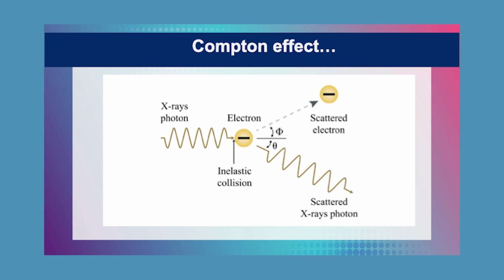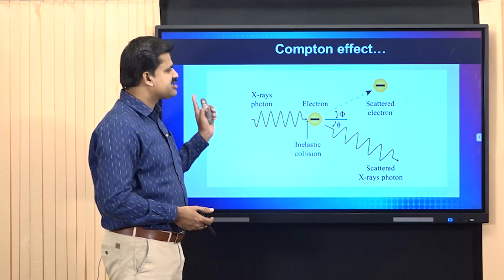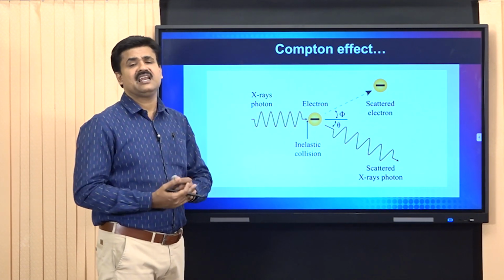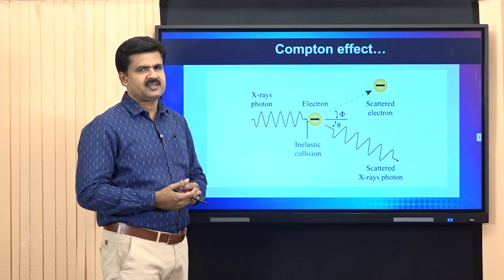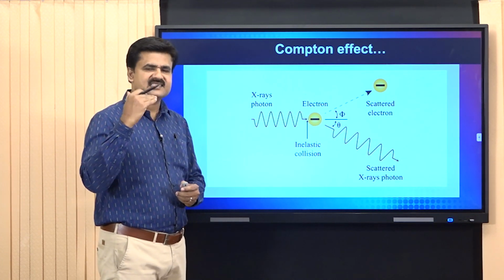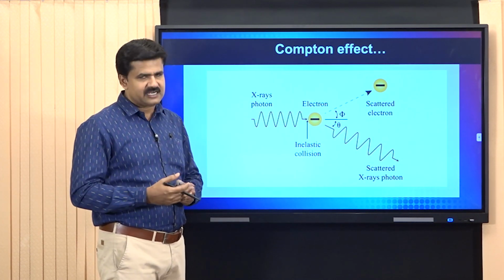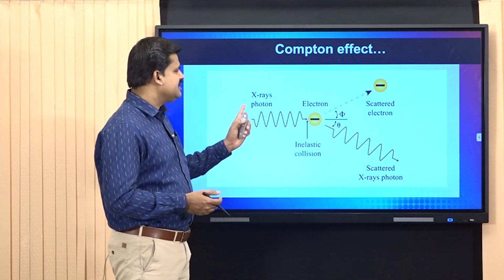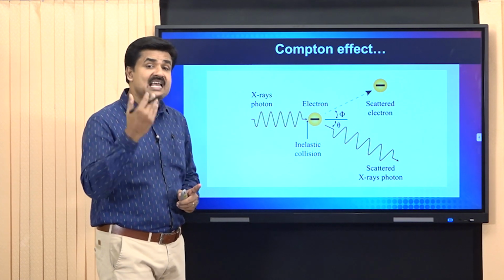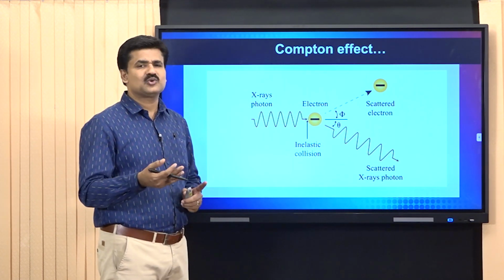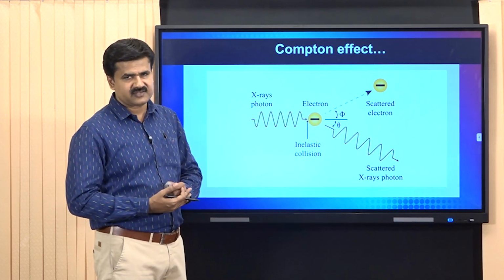Here the X-rays strike a light element surface, like a carbon surface. On the surface of such elements, there are electrons. The X-rays of fixed wavelength are scattered by the electrons present on the non-metal surface.